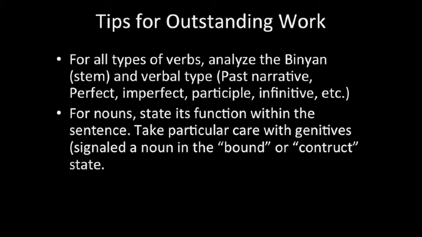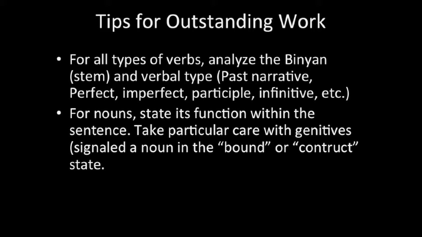For nouns, you're going to essentially describe its function within the sentence. Again, it's important to go to your table of contents and take a look at how Arnold Choi is organized, so you can see where the different aspects that you're going to study are located.